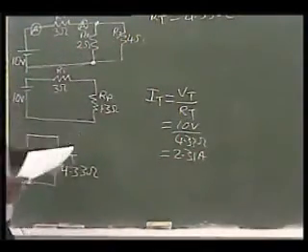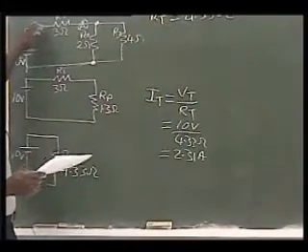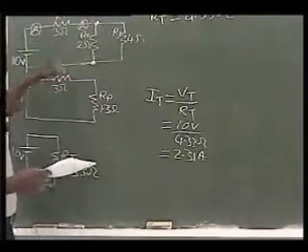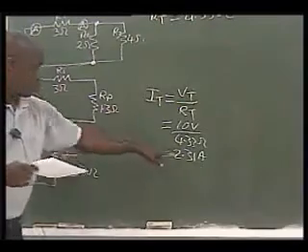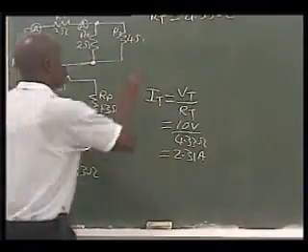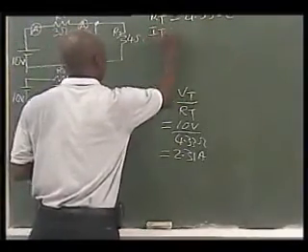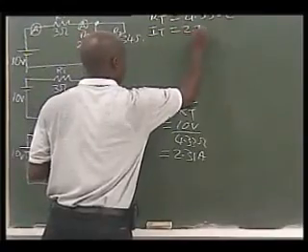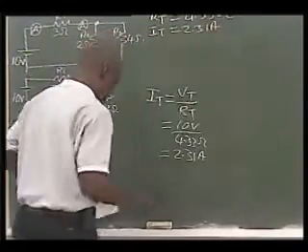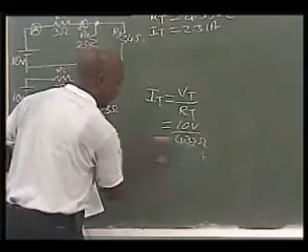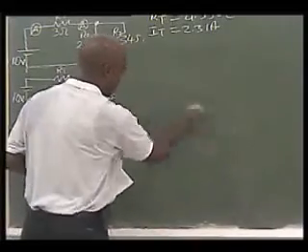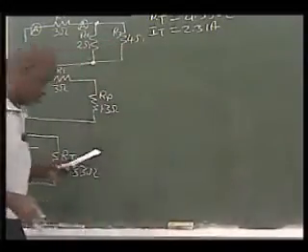So that's how much current leaves the battery, flows through the circuit, and returns to the battery. So I'll quickly put this here: IT is equal to 2.31 amps. All right, let's remove this, we no longer need it.